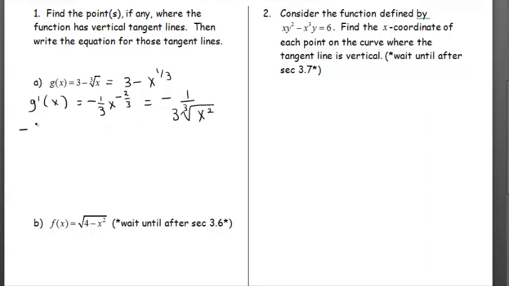All right, so let's take that derivative and set it equal to 1 over 0. And cross multiply. Divide a 3 on both sides.